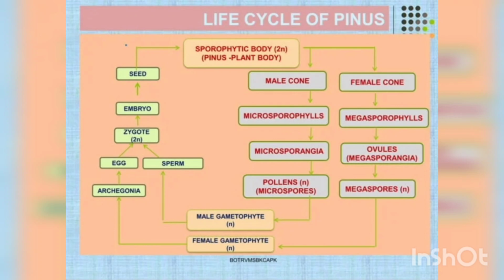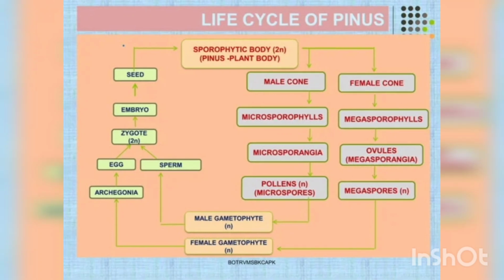Both these develop into the male gametophyte and female gametophyte. They produce the sperm and the egg, which fuse to form the zygote, which develops to form the embryo, and from the embryo the seed is developed, and the seed germinates again to form the sporophytic plant body. Okay, hope you all have understood how this life cycle of Pinus is.